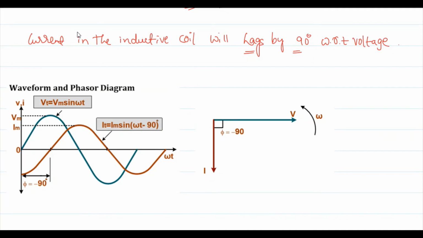As the current lags by 90 degrees, you can see that in the waveform and phasor diagrams. The first one is a waveform diagram and the second one is a phasor diagram.